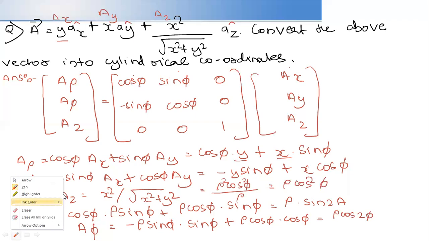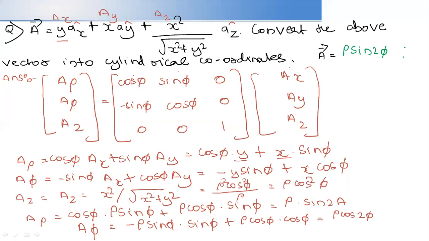That means A equal to, the final answer. I'll use another color, the green color. The final answer will be rho sin 2 phi a rho plus rho cos 2 phi a phi plus rho cos square phi az.